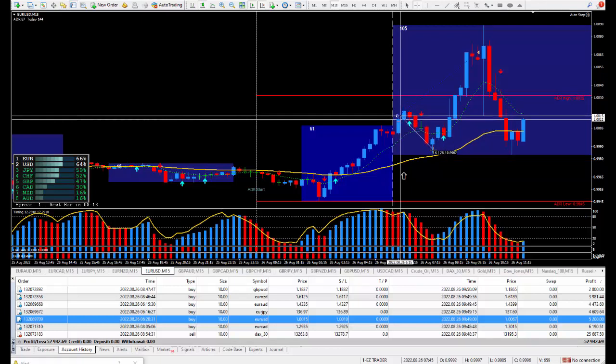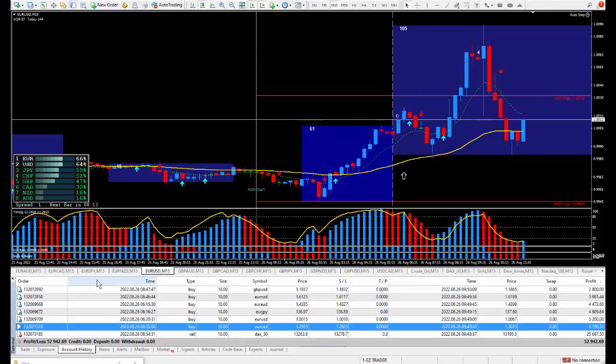Came back around 28 pips, but I knew because of my daily trade plan it was going to go up, and there was other things in here telling me it's going to go up. Looks like I locked in about, should be 52. There it is right there, 52 pips times $10 times 10 lots. That paid out $5,200.